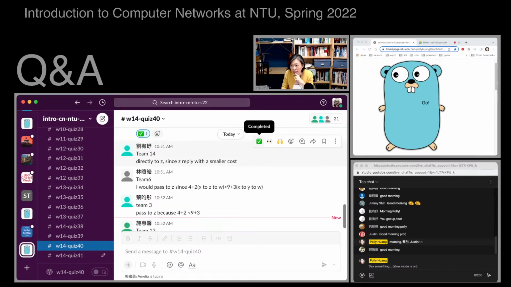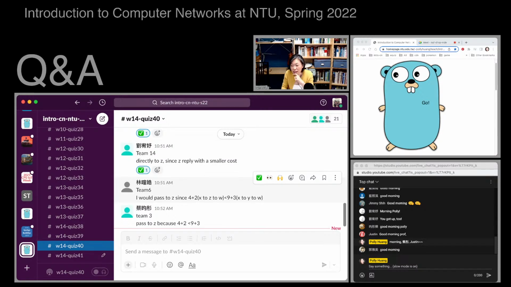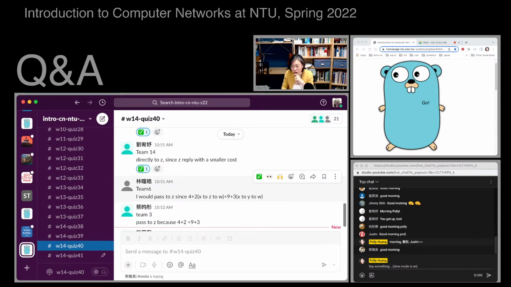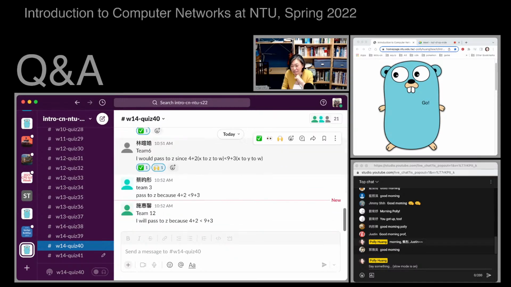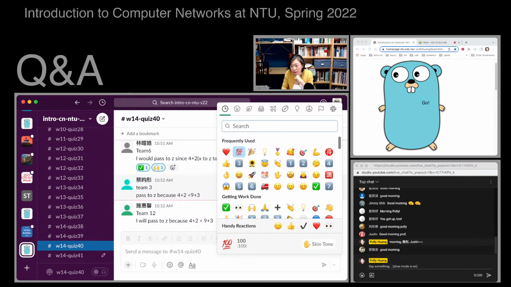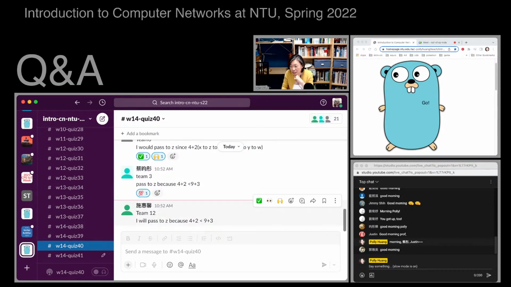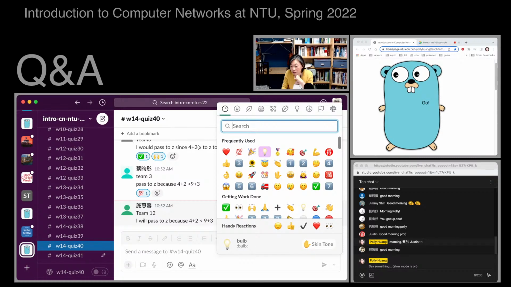Youyu, yeah, through Z, that is the lowest cost. And Shen and Howard here, yeah, comparing only these two possible paths because you only know these two possible paths. You as a router, not as a human being, okay? Cai Tong, there you go. Very good. Hui Xing, there you go.